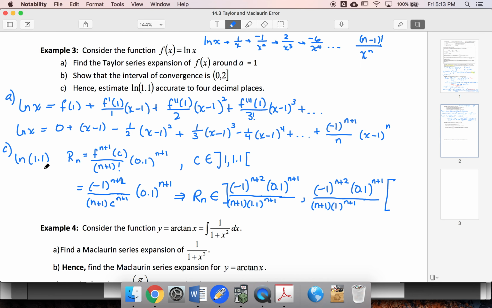Well, I'm going to start by figuring out my error term. So my error term using the nth polynomial will be the n plus 1th derivative evaluated at c over n plus 1 factorial. Over here, I'm going to have my x minus 1 to the n plus 1 power. Well, x is 1.1, so 1.1 minus 1 is 0.1 to the n plus 1 power.